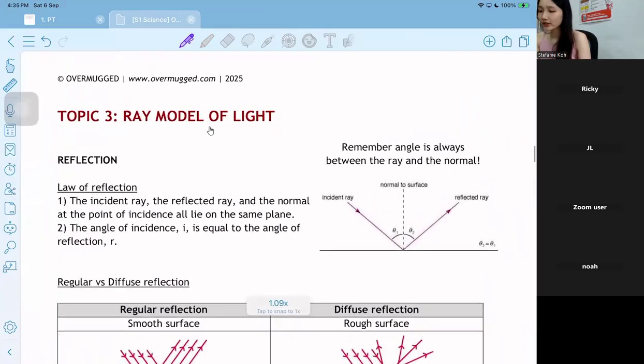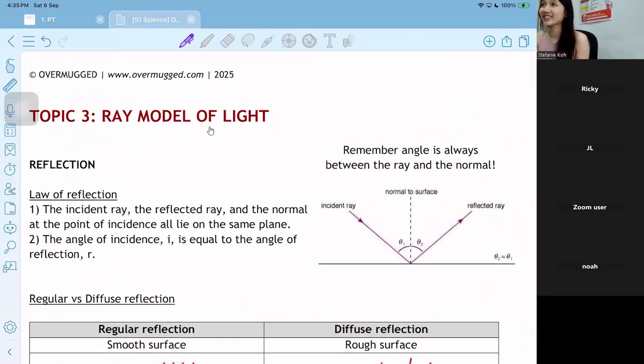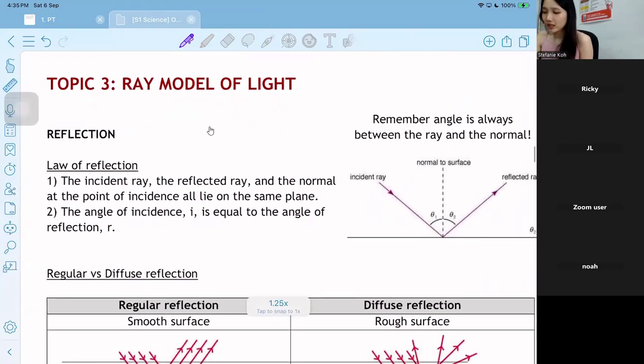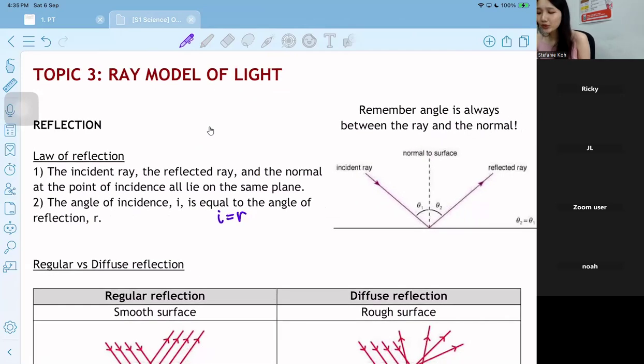Ray model. Anybody struggling with light? Difficult a little bit? Okay, I'm going to tell you a few methods later on how to draw your ray diagrams. We look at reflection first. Most importantly is I equals R, you must know. What do they mean by incident ray, reflected ray, and point of incidence all lying on the same plane?